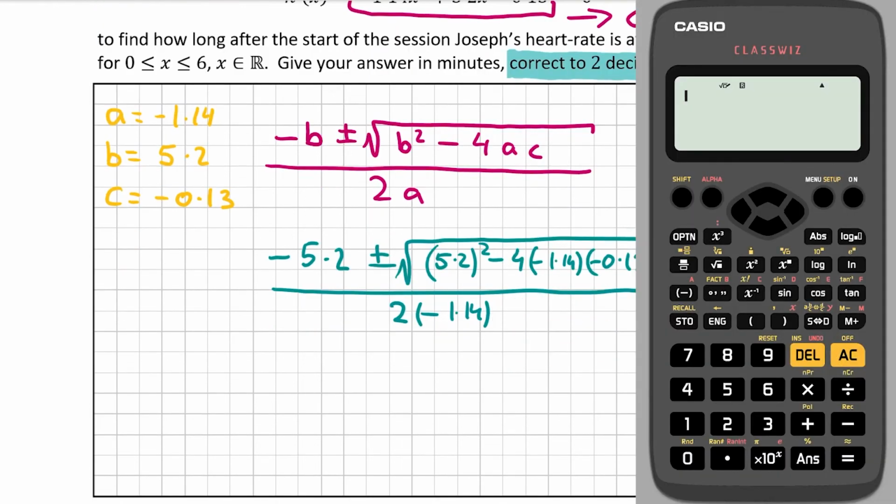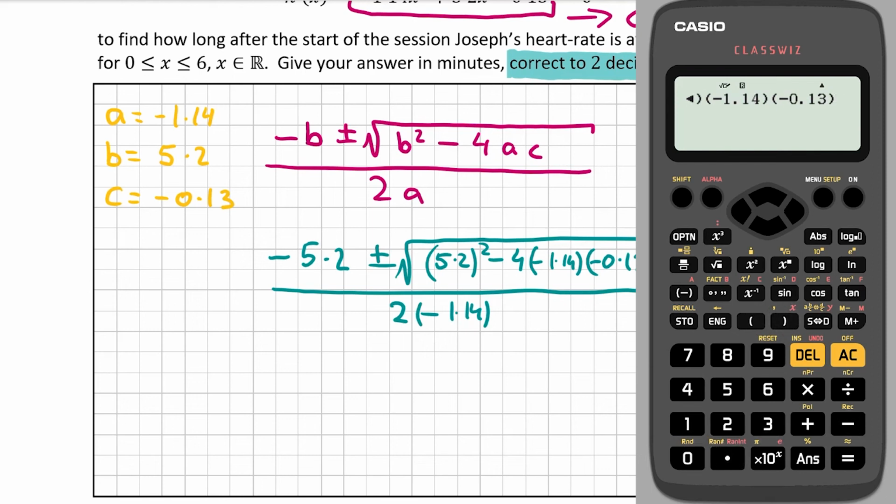We're going to do 5.2 squared, then minus, and put this all in brackets: 4 by minus 1.14, closing the bracket after every term, and then finally by minus 0.13.